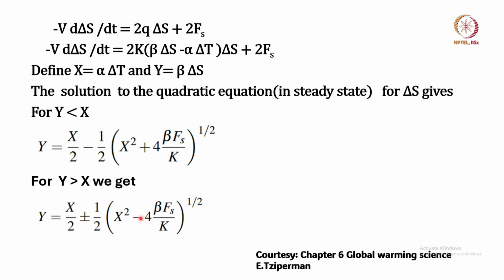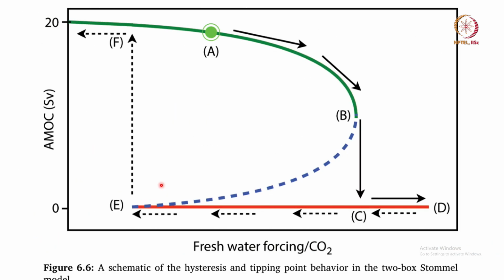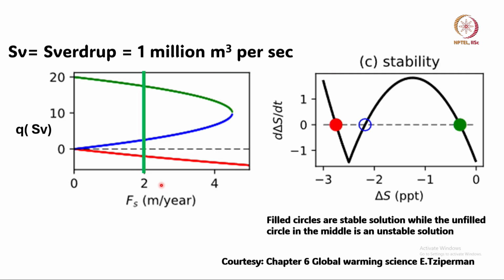So, there are three solutions which we have to be concerned about, because this problem has multiple solutions. Just to remind you, this is an attempt to understand this problem. It has multiple states, and we are trying to understand those states. Now, in the steady state, when the change in salinity difference with time is 0, that is what we are looking for as solution.